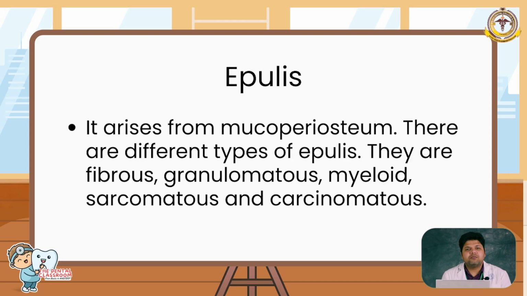Arising from mucoperiosteum, we have epulis. Epulis are of different types: fibrous, granulomatous, myeloid, sarcomatous, and it can be carcinomatous also. Arising from tooth germ, we have epithelial odontomes, connective tissue odontomes, and composite odontomes.